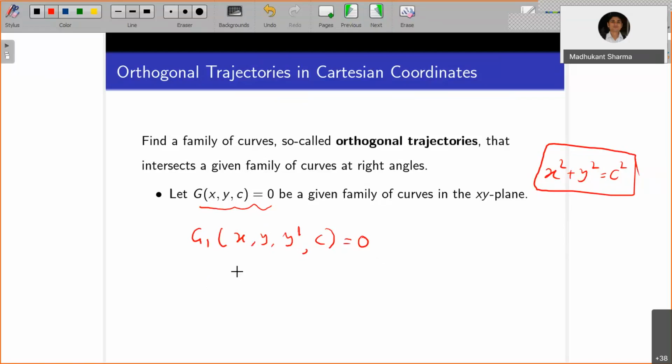Then you will obtain a resulting equation, let's say g2 of x comma y dash equals 0, the corresponding first order differential equation.